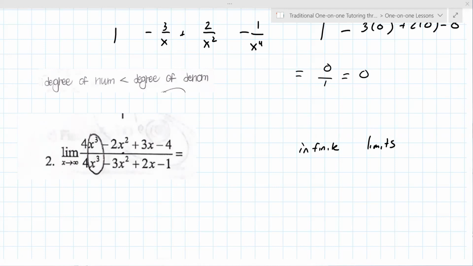So you divide the entire numerator by x to the third, and then the denominator too.